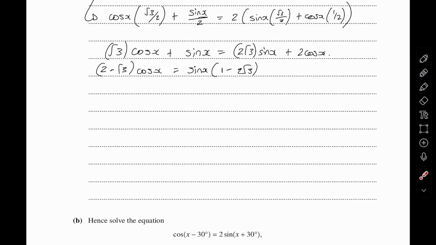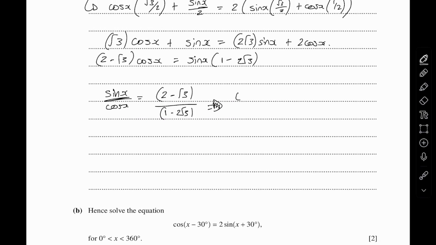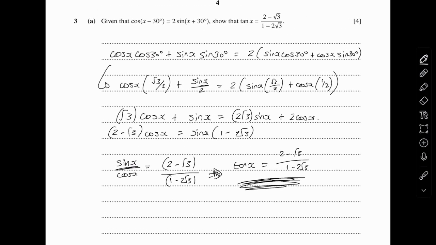Okay, now you see where this is going, because if we divide by cos x, and we divide by 1 minus 2 root 3, what we then get is sin x over cos x equaling 2 root 3 over 1 minus 2 root 3, which means that tan x is going to equal 2 root 3 over 1 minus 2 root 3, right? That's going to be your final answer for that question, guys.